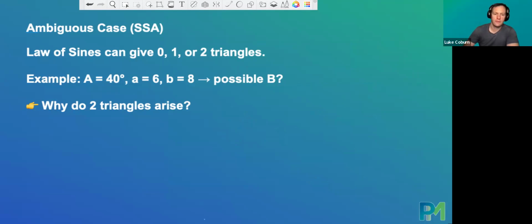We have a triangle. Let's draw it. With a 40-degree angle. And this is my B here, and that's my A here.